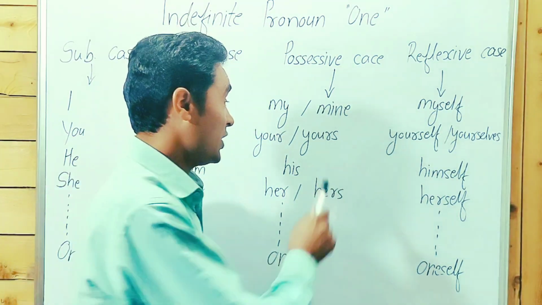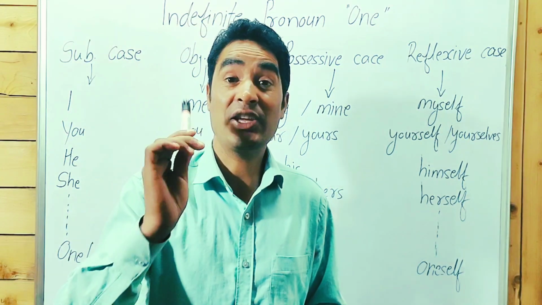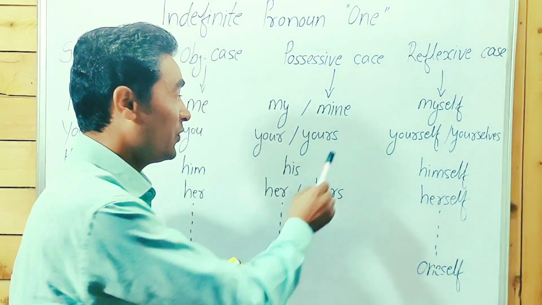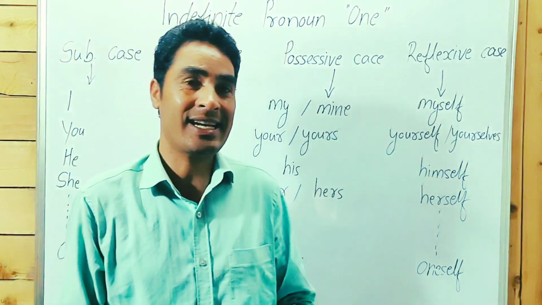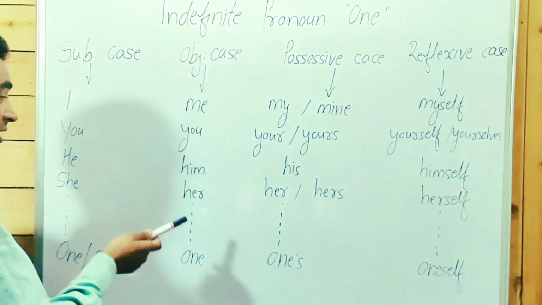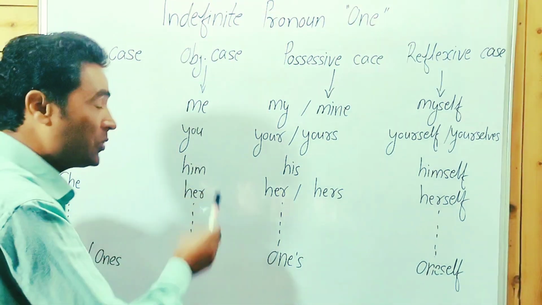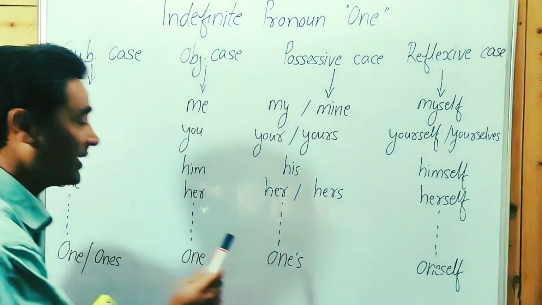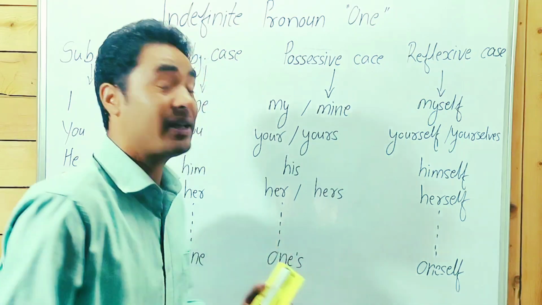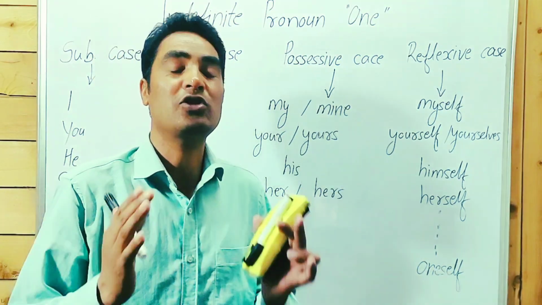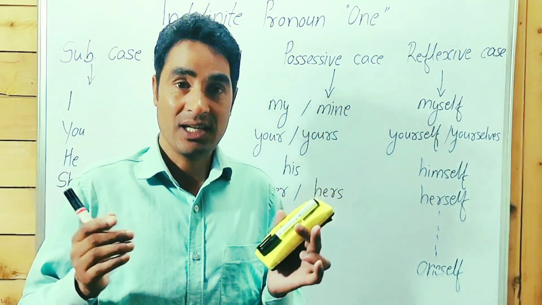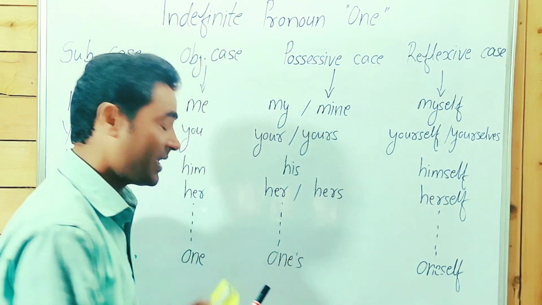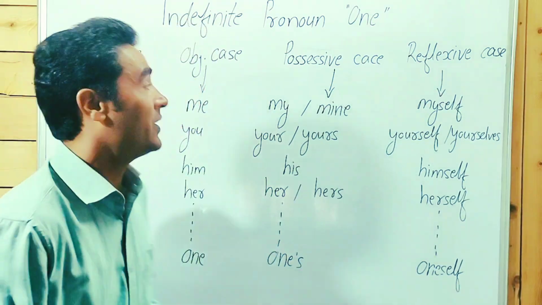I hope you know about it. This pen is yours; this is your pen, and this pen is yours, without apostrophe s. Guys, point to be noted, as I mentioned before, pronouns don't take apostrophe s, except one, only 'one' can take apostrophe s.